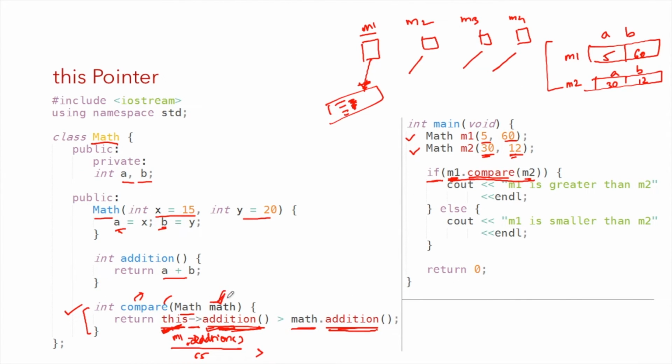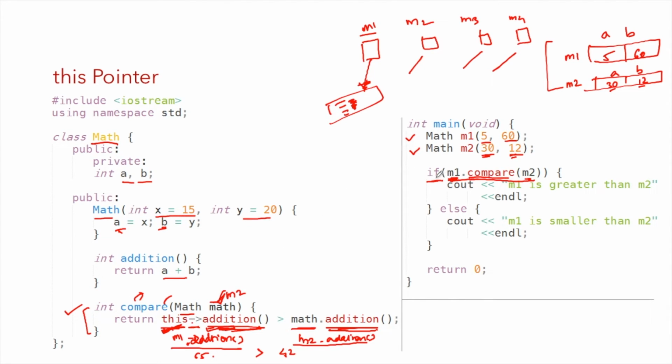Inside this statement, I am passing m2 as well. m2 is passed over here as a copy, so we are going to compare it with m2.addition. This function is going to return the addition of 30 and 12, which is nothing but 42. So we have the results here: 65 greater than 42 is a true condition, so true will be returned.